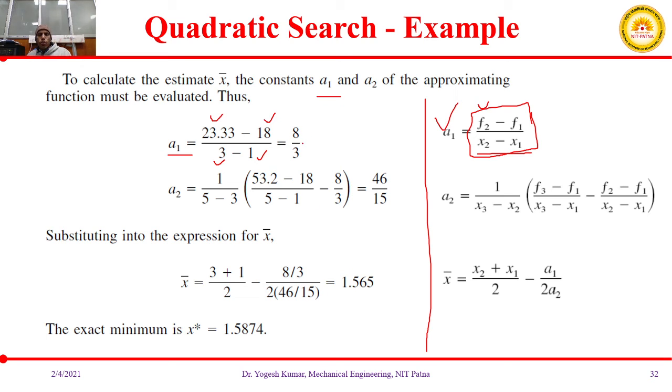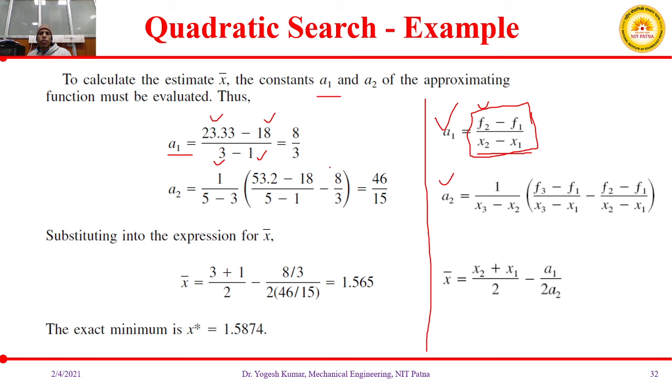Then calculate the value of a2. What will be the value of a2? a2 is 1 upon (x3 minus x2) into [(f3 minus f1) upon (x3 minus x1) minus 8 by 3].